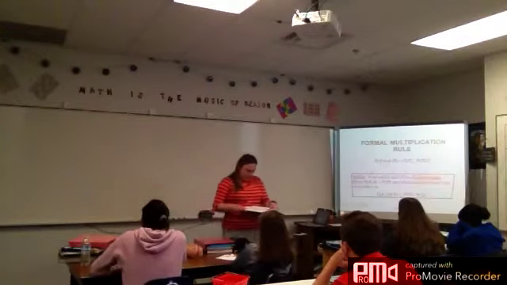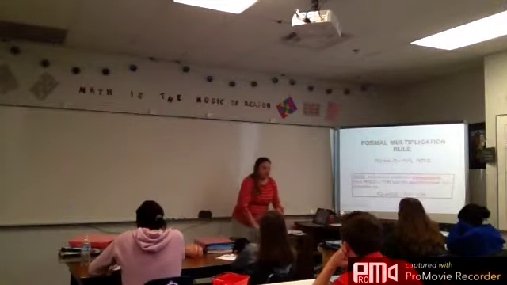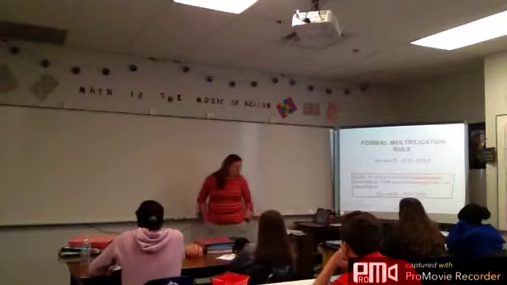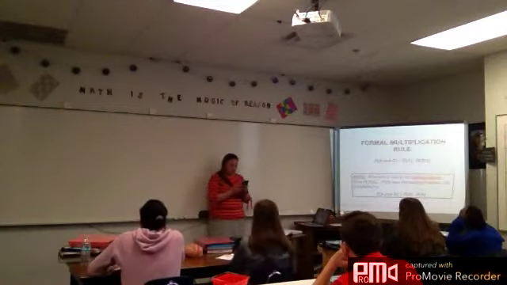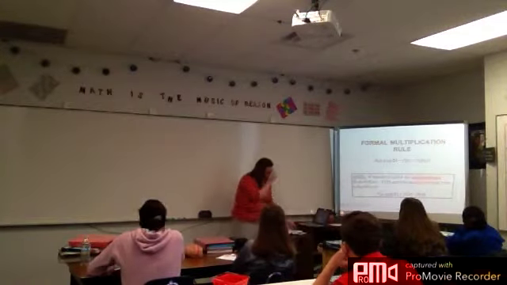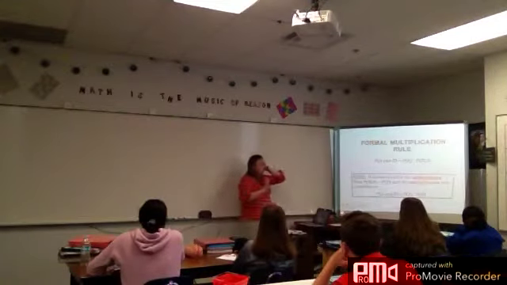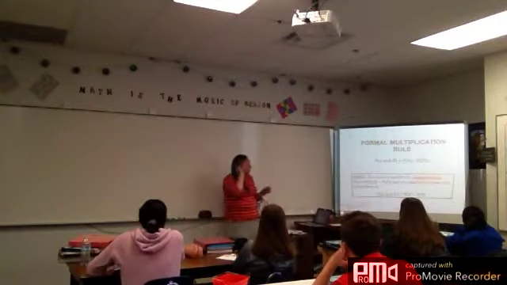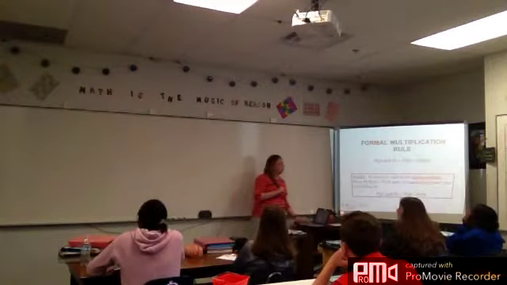So if the product equals the probability of both, then it's independent, and if it doesn't, then it's dependent. Correct. If they're equal, they're independent. If it doesn't equal that, then it's dependent.